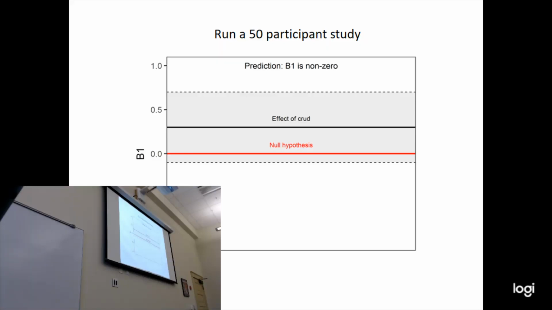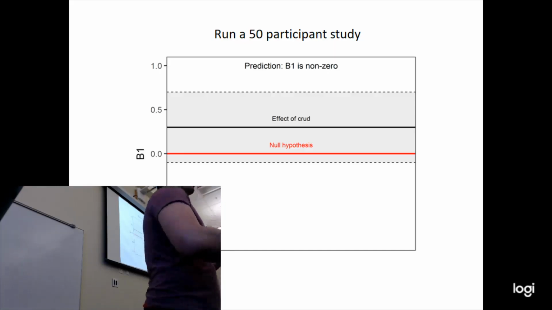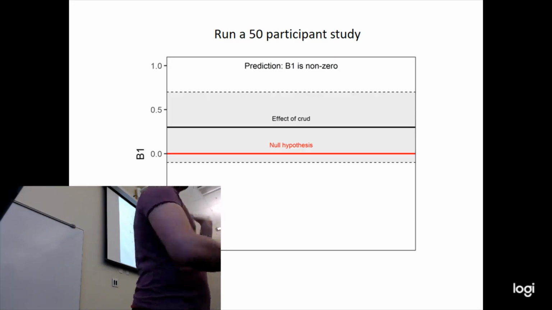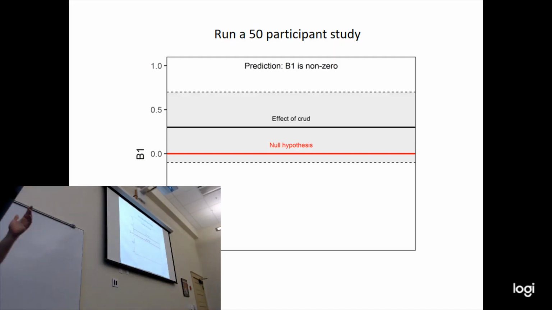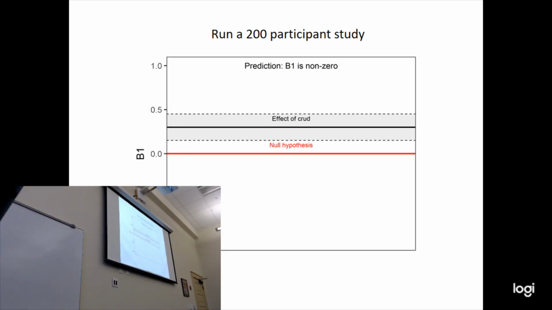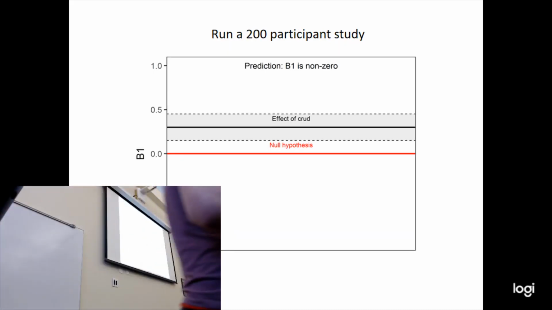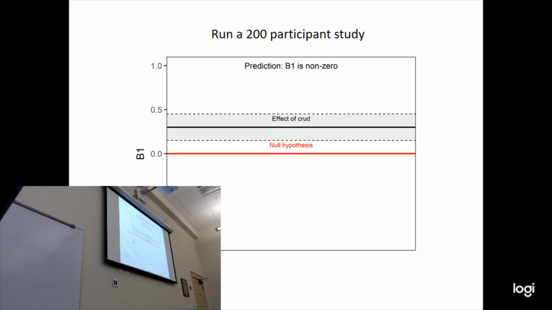But the weird thing is that if there's CRUD in the relationship, you can choose whatever theory you like that makes whatever prediction you like. And if you increase your sample size enough, you're going to be able to reject the null hypothesis, not for an interesting reason, but due entirely to CRUD.